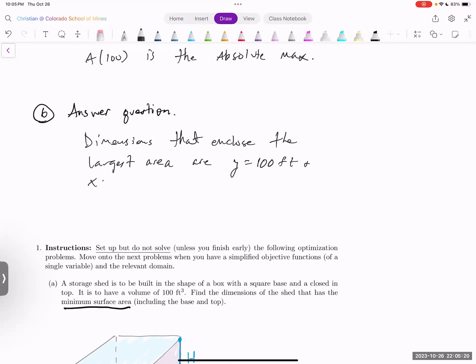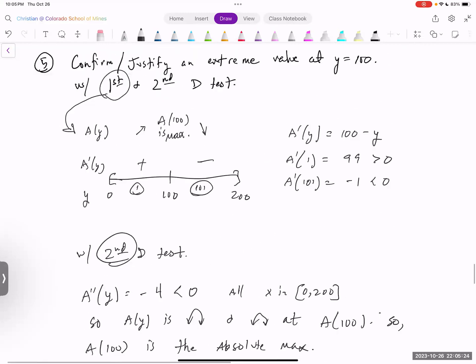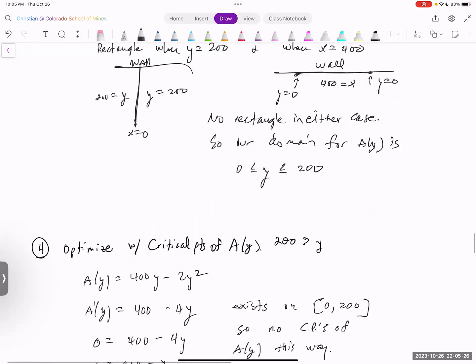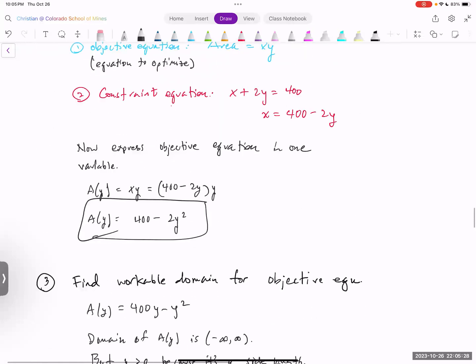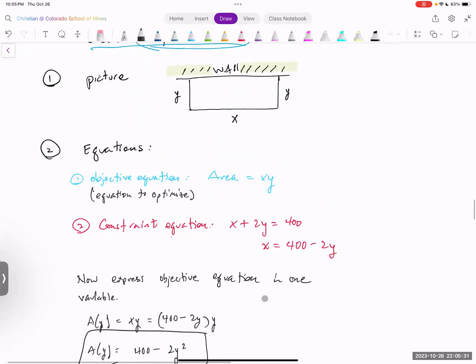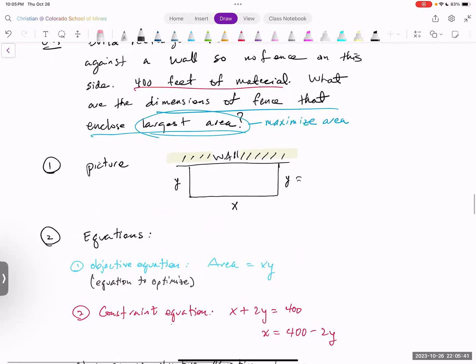We could do that two ways. We could come back here to our x equation. x equals 400 minus 2y, put in 100. So 400 minus 200, x is going to be 200. You could also just come back here and say y would be 100.